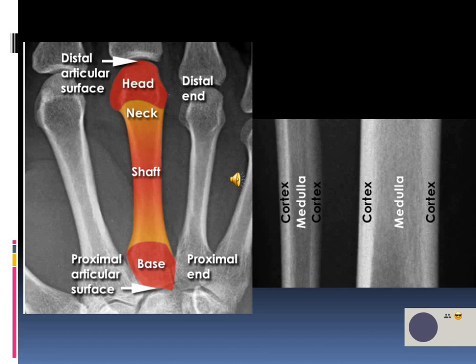What about the normal anatomy? You can see that from distal to the proximal part, we can show in this image on the left side the head of the metacarpal, the part of the neck, the shaft and the base. So this is in general normal anatomy.